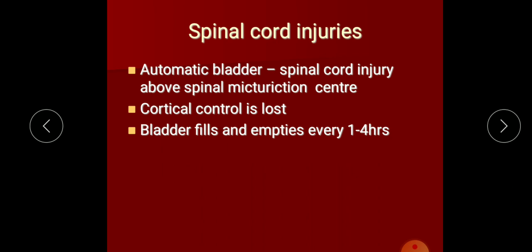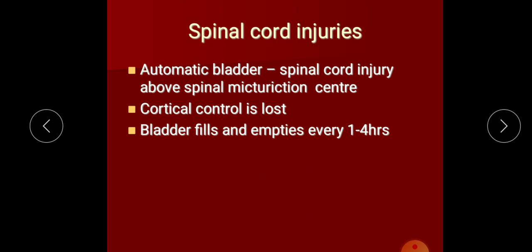So the first type that you should be familiar with is the automatic bladder. What is this automatic bladder? I have told you that at the spinal cord level, at the level of S2, S3, S4, you find a normal micturition reflex. This micturition reflex at the spinal level is controlled by the paracentral lobule of the cortex.